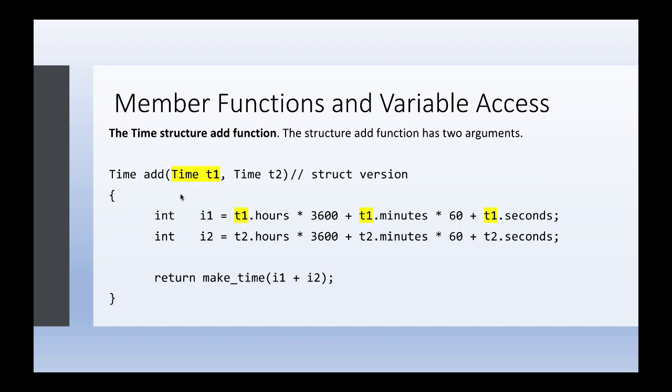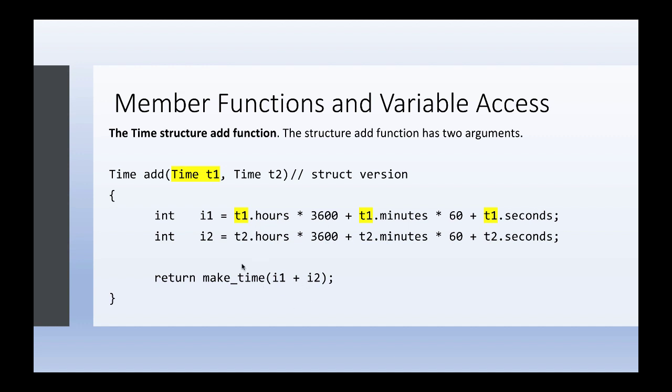Actually, let's start over here. We have the time return type. We have add as the name. We're passing in 1 time object and a 2nd time object right here. We are then tying these variables to those objects, and those variables are now copied over from that object in order to do operations on them.